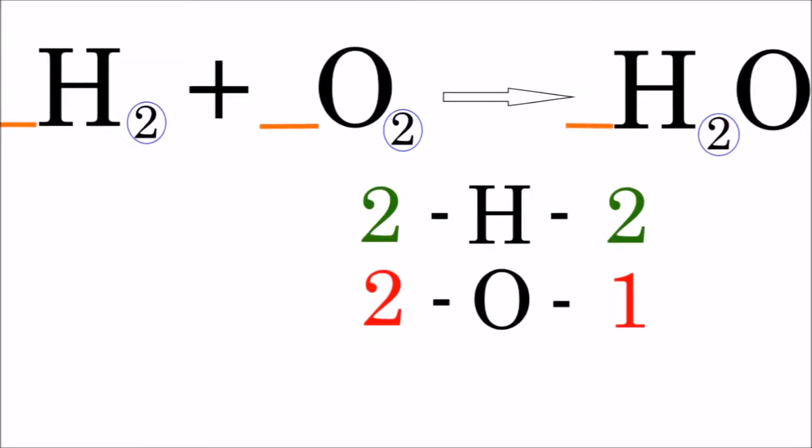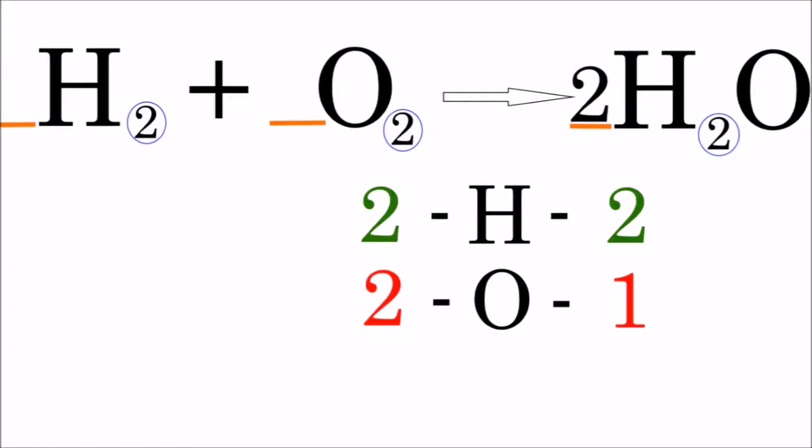Right now none are there, so we consider them as 1s. But every time you put another number there, like a 2 or a 3, you multiply it times each of the subscripts. So, in order to get oxygen up to 2, we need to do 2 times 1, so we put a 2 in front of our water.